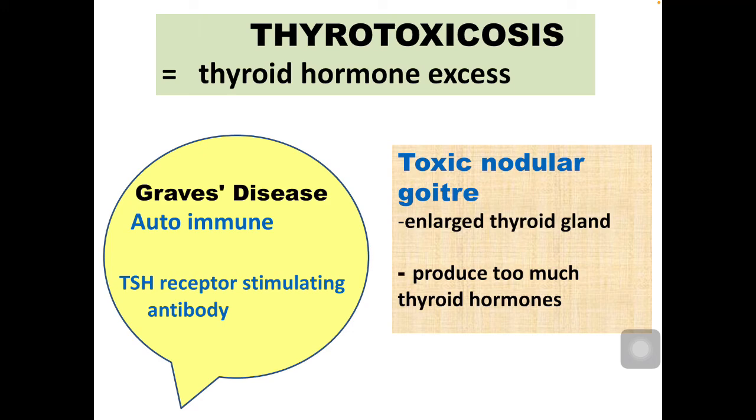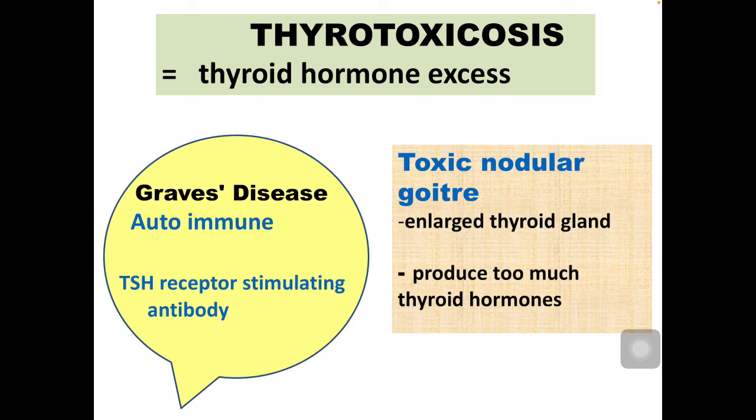Thyrotoxicosis is the result of thyroid hormone excess or hyperthyroidism. It may be due to two causes. It may be due to Graves' disease, which is an autoimmune disorder where the antibodies target the thyroid follicular cells. What happens is that these antibodies behave like TSH, so they go on stimulating the follicular cells, which in turn goes on increasing the secretion of T3 and T4, resulting in thyroid hormone excess.